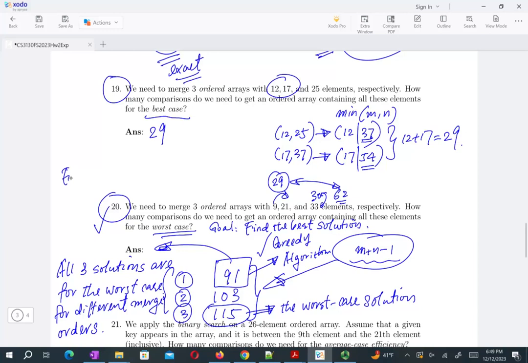For example, in this question, I give you 3 arrays.